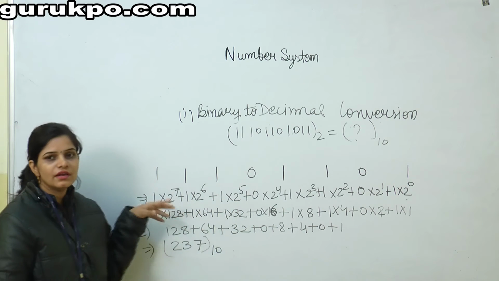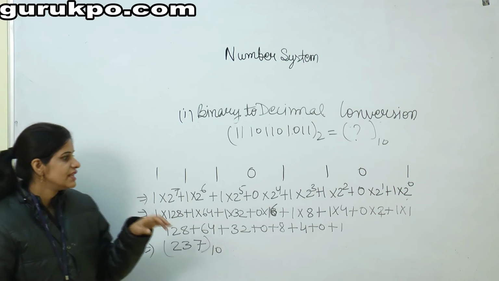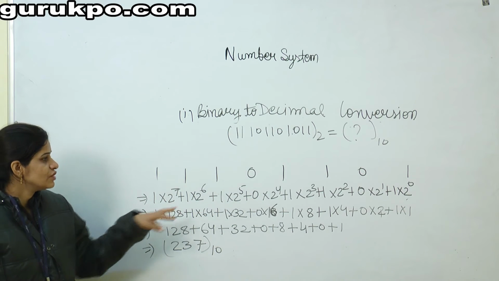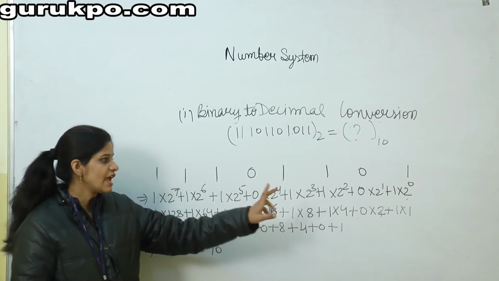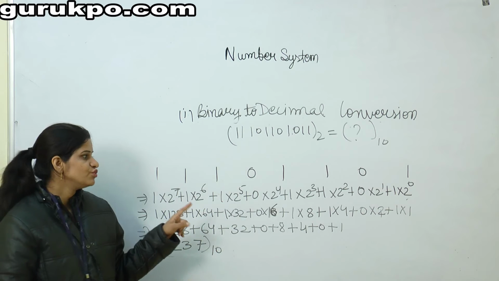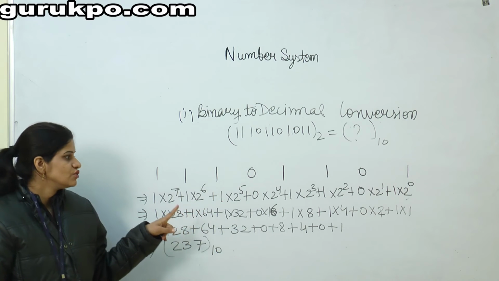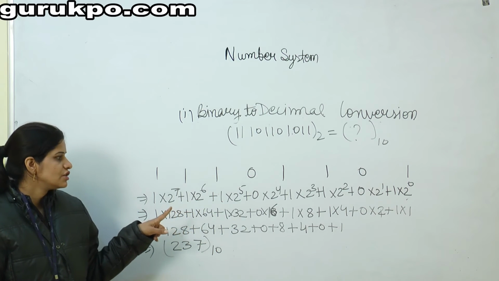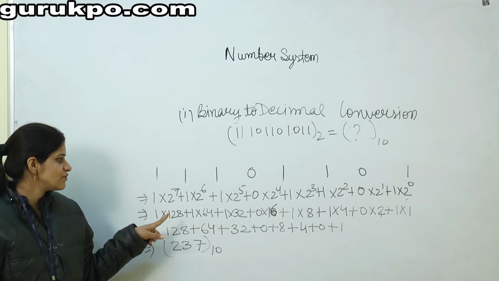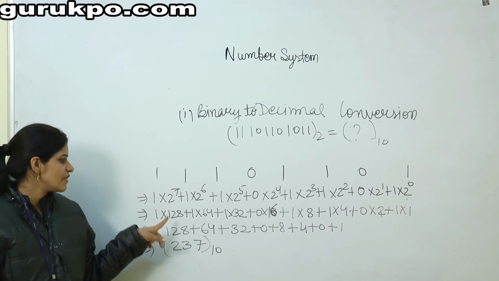Then solve this equation. 2 to the power 0 is 1, to the power 1 is 2, to the power 2 is 4, to the power 3 is 8, to the power 4 is 16, to the power 5 is 32, to the power 6 is 64 and to the power 7 is 128.